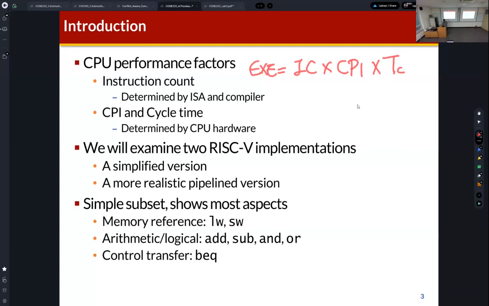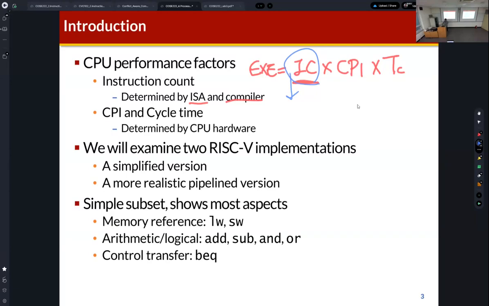The instruction count is influenced by our software code, the algorithm and the compiler. Also, the ISA, the instruction set architecture, influences the number of compiled instructions. So, in order to increase performance, we need to reduce the instruction count, right?